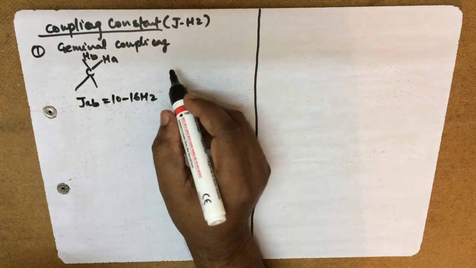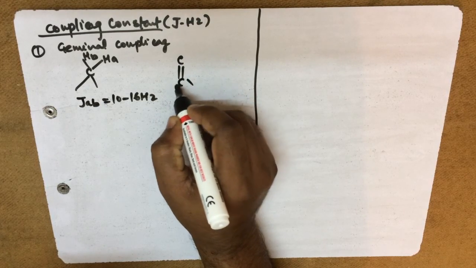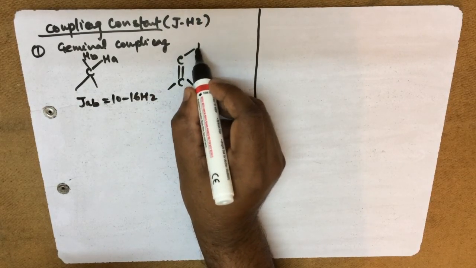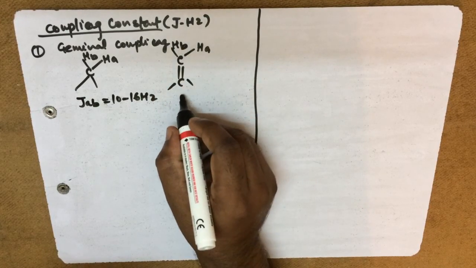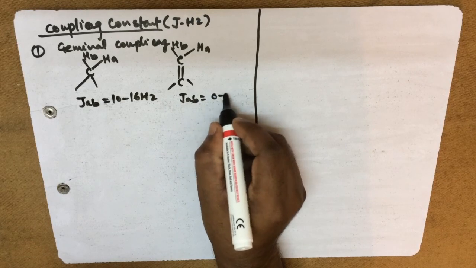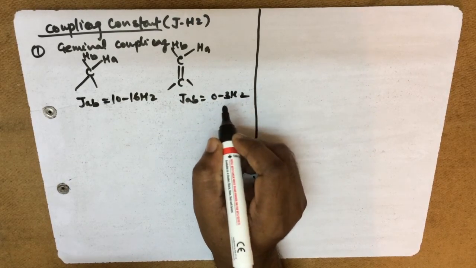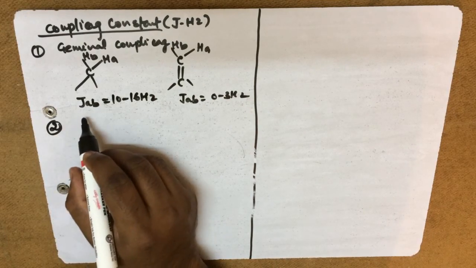And for this other case, the J value becomes just low, 0.3 Hz.